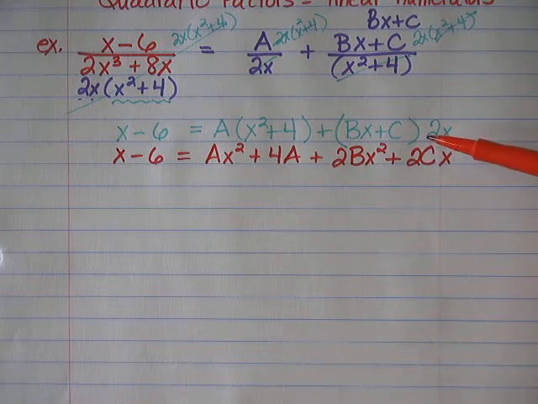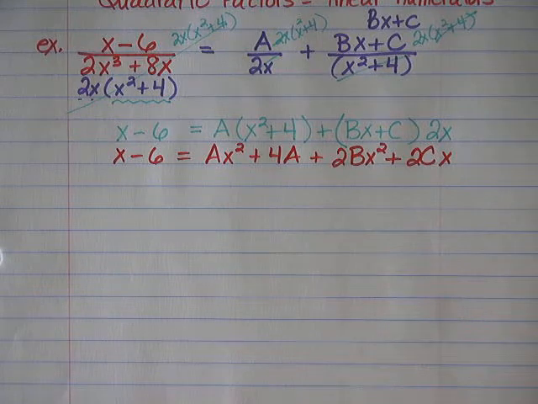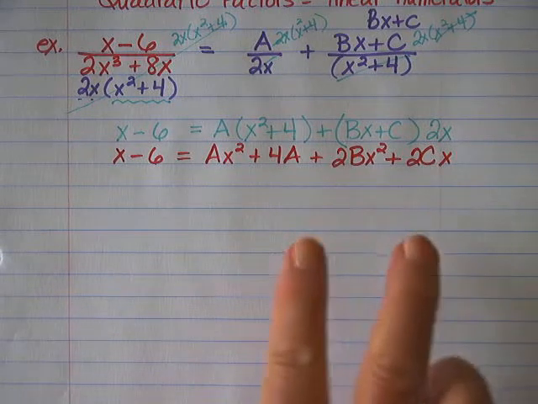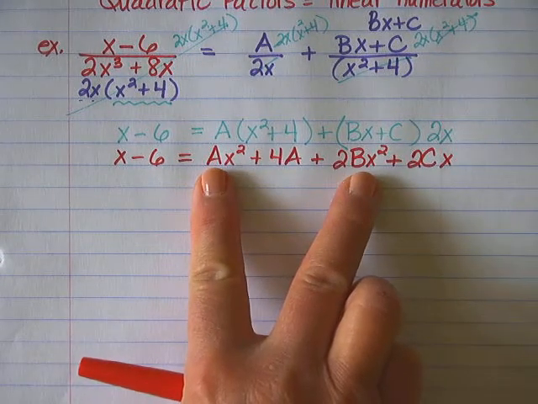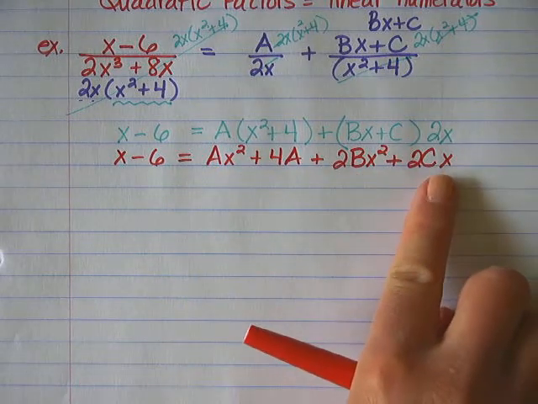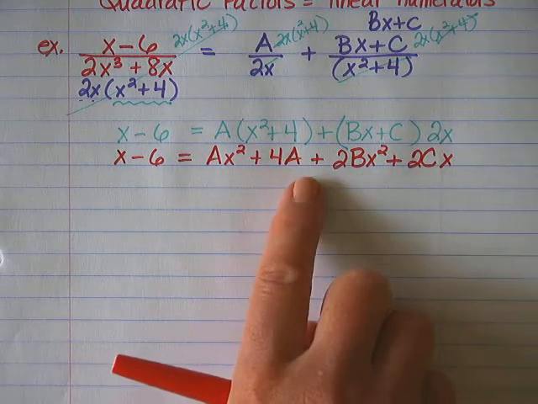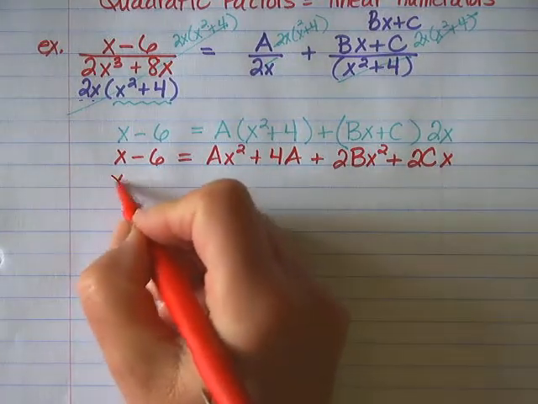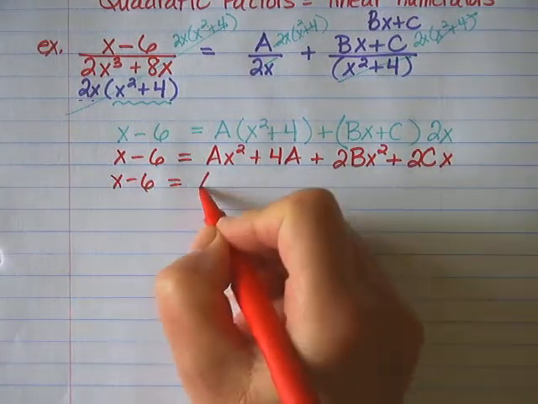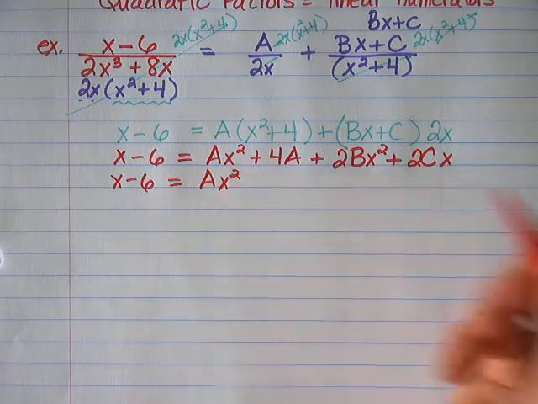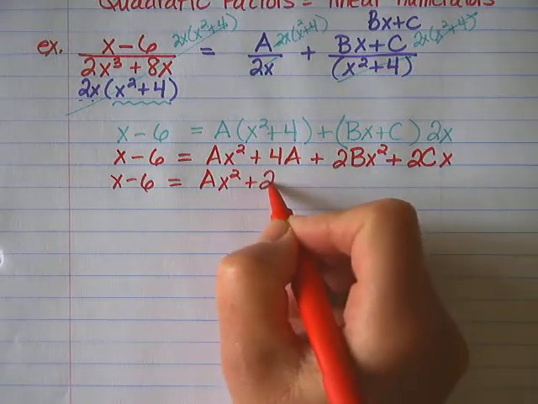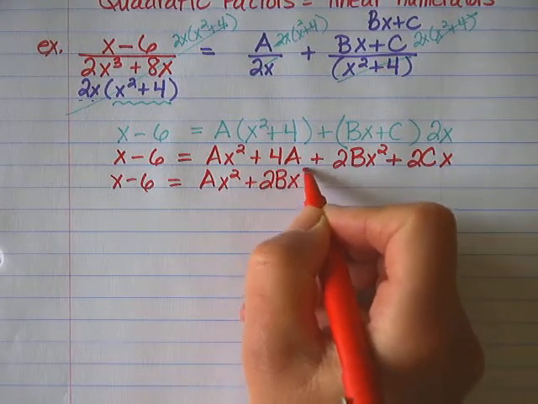We would all agree these two are equivalent. Then I'm just going to reorder things using the commutative property, putting the squared terms together, then the linear term in the middle, and the constant term last. So x minus 6 equals ax squared plus 2 times b times x squared.